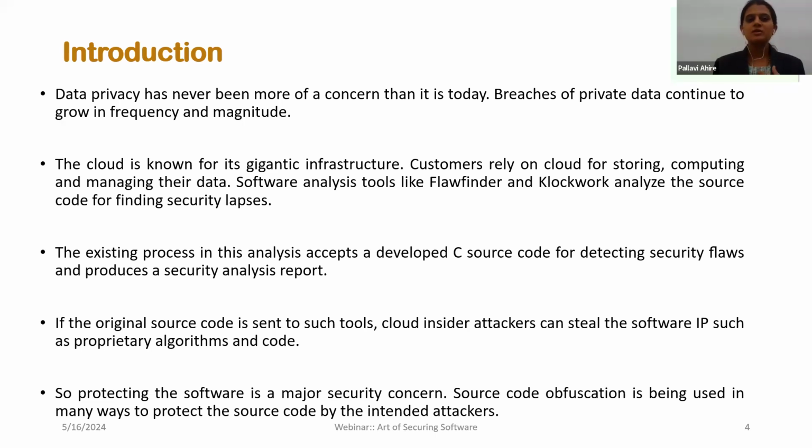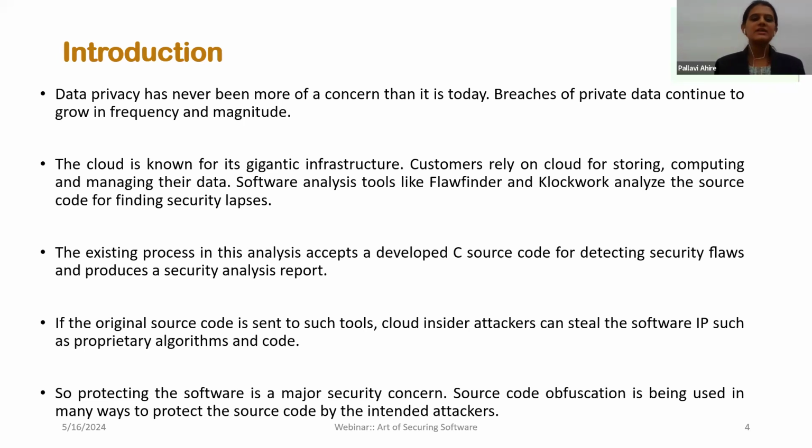Irrespective of our dependency on the cloud, we all also know that the cloud is not secure enough to store our information, because the cloud also has insider attackers who can steal our information. Now, software always carries intellectual property, in the form of its algorithms and its logic.